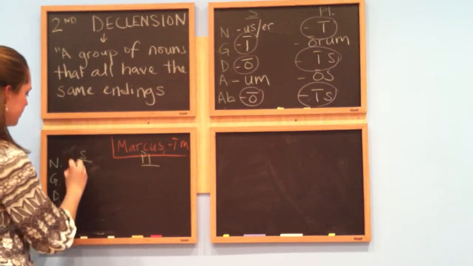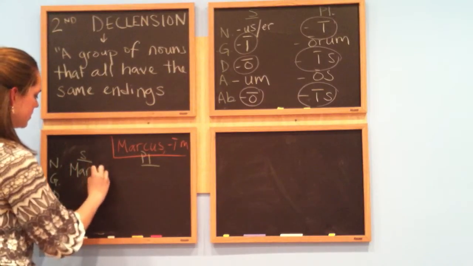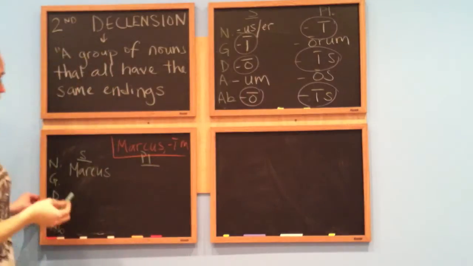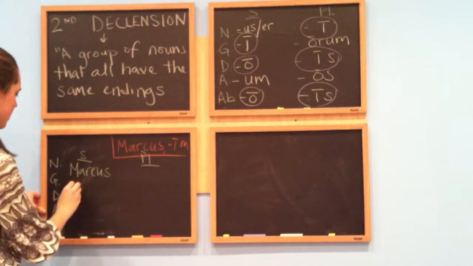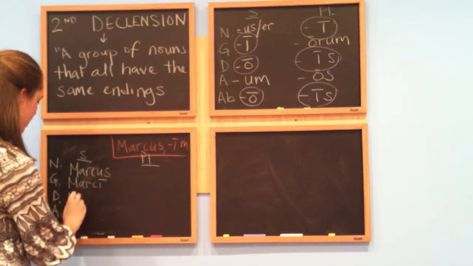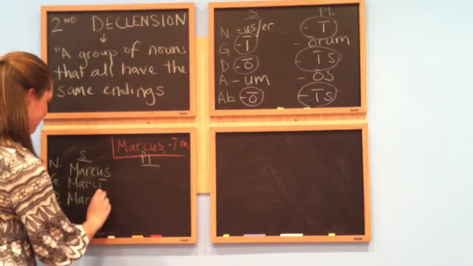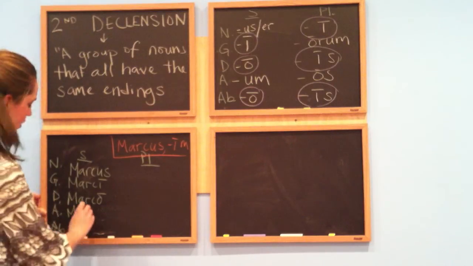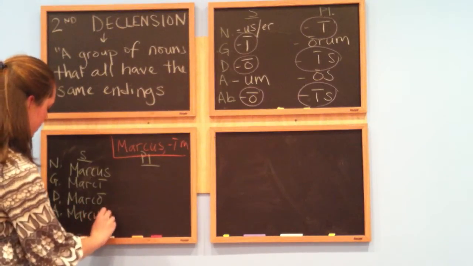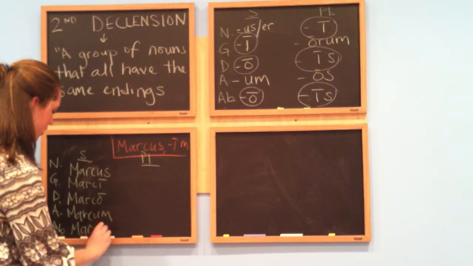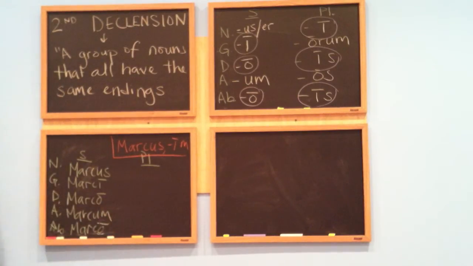Okay, our nominative is going to be Marcus. So we took that option, the US option. And our genitive is going to be Marci, dative Marco, accusative Marcum, ablative Marco. So take a look at that for a second.